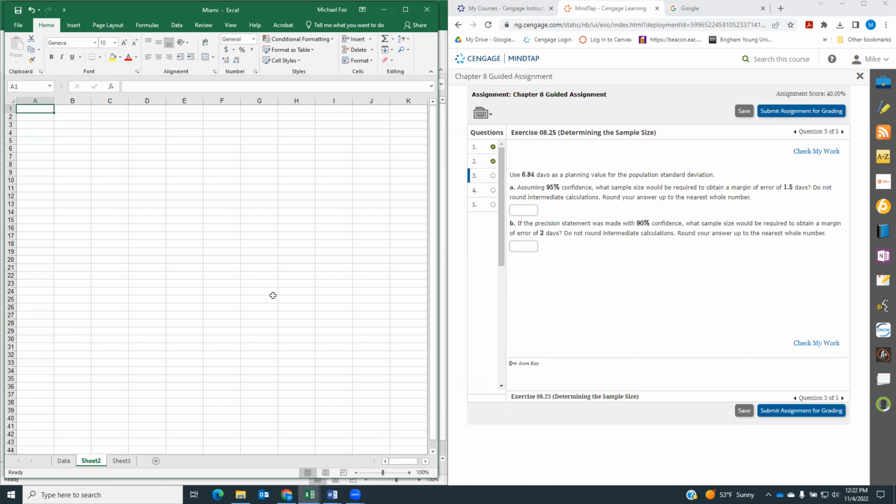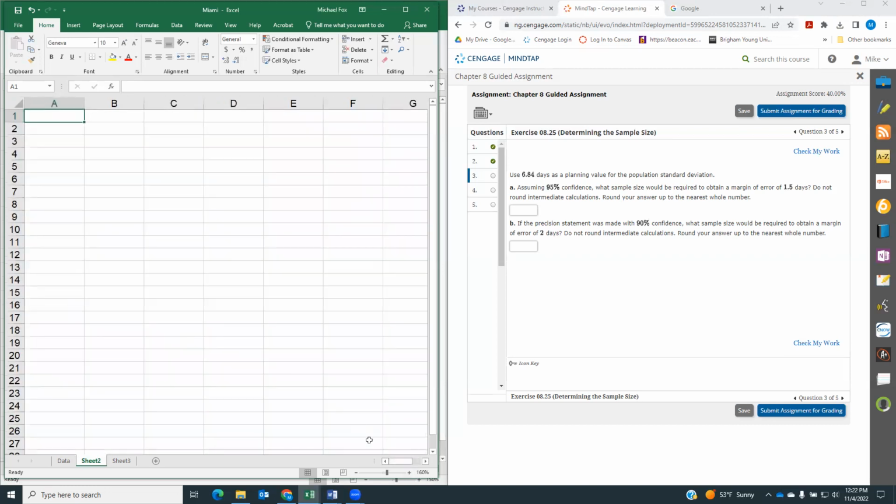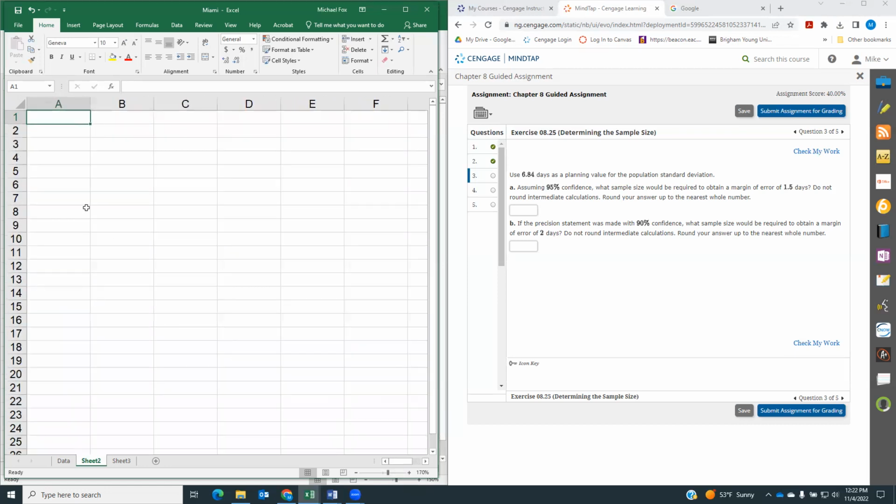So unfortunately, there's not an Excel function for this. We're just going to have to create our own calculator, really. So again, I'll start with what I know, and then from there, we may have to figure out a formula. So we know that we're going to use 6.84 as our estimate for population standard deviation.